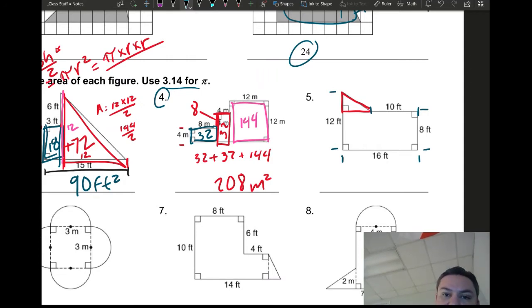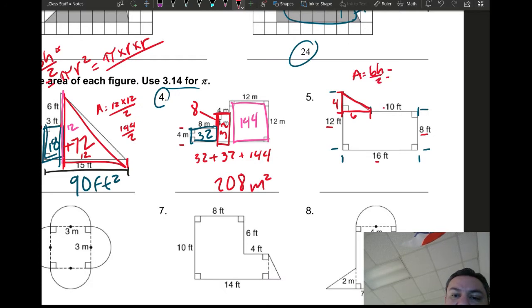This height right here is going to be 12 minus 8, which is 4. And the base is going to be from there to there, 16 minus 10, which is 6. So the triangle, base times height divided by 2, 6 times 4 divided by 2, 24 divided by 2 is 12. So this is 12.